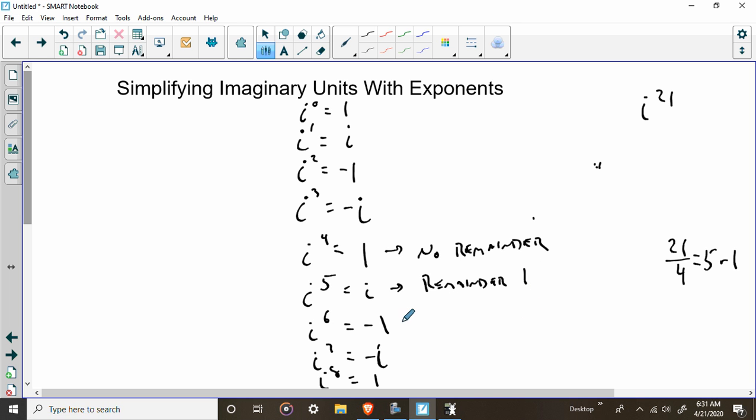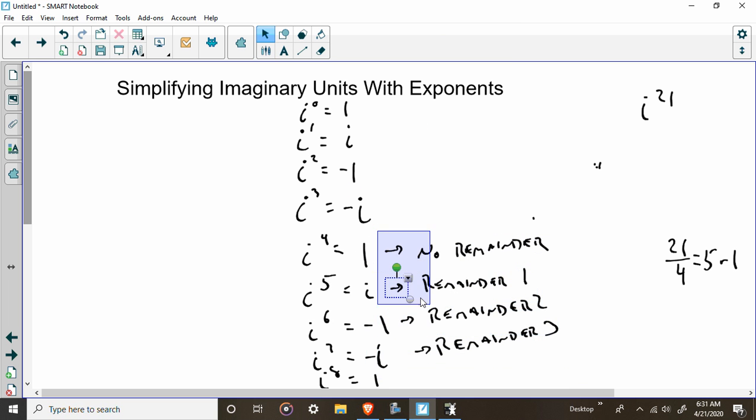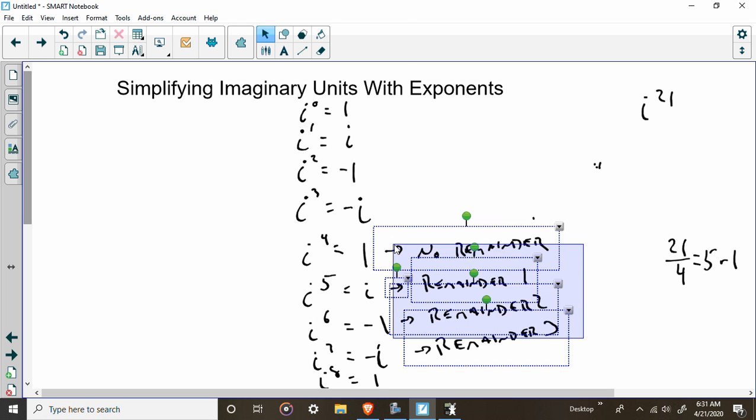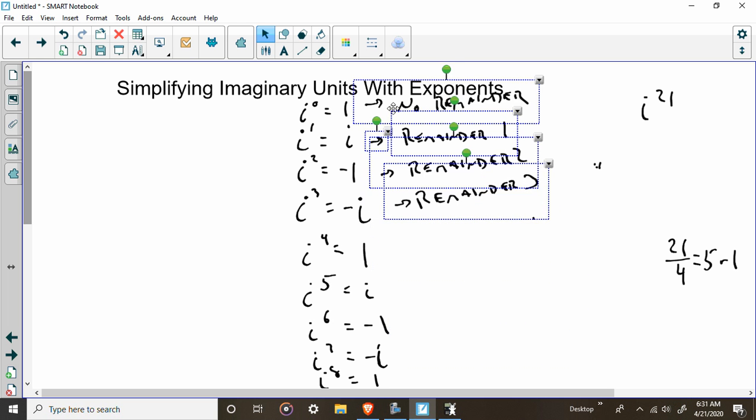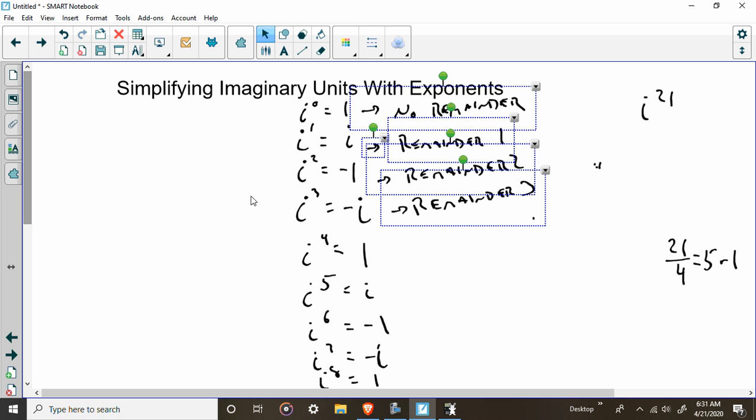If I have a remainder of 2, and if I have a remainder of 3. Okay? And just to put that in a better spot, you should really be up here with your exponents, right?